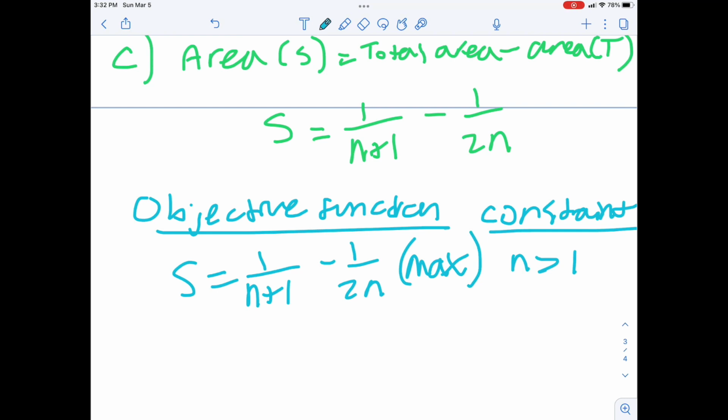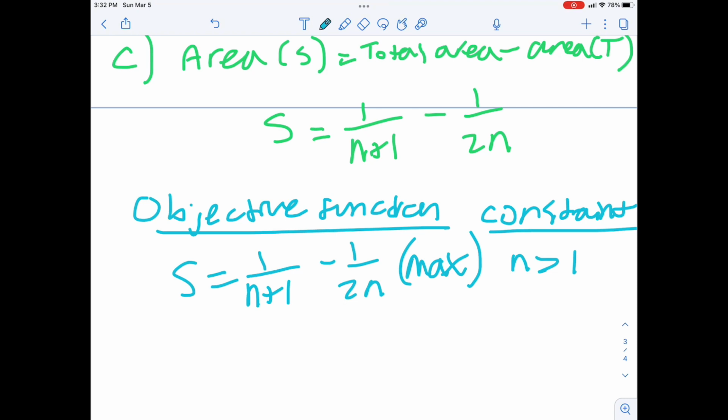So we need to take the derivative of S. But one important thing to note in this part of the problem is that we need to take the derivative with respect to n. Whereas above we were taking derivatives with respect to x, we've now changed the unknown in the variable that we're trying to maximize to n, which is why we're going to differentiate with respect to n in order to then maximize n.